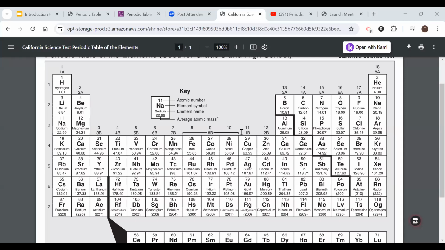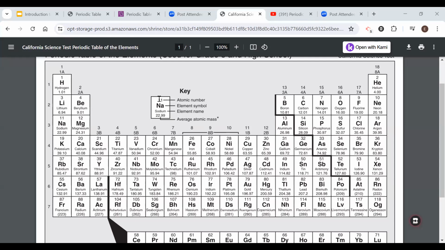The first thing we do is look at the periodic table overall, like we looked at when we did the structure of the atom. So we have to understand every piece of information here. We have to look at the key again. This is the key that gives information of each square in this periodic table.